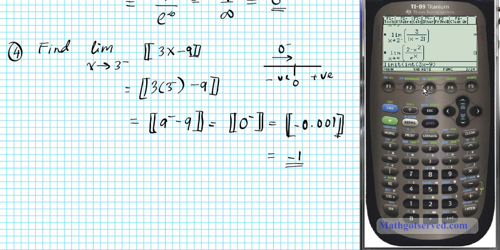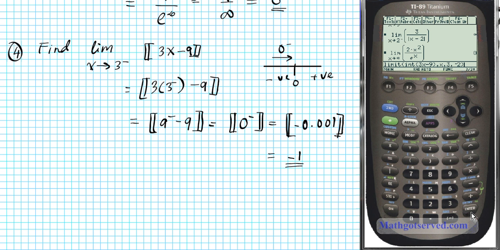Close your greatest integer function. That's the end of the expression. And we enter the variable, which is x. The value that the variable is approaching, 3. In this case, there's a direction, which is from the negative direction. So I'll enter -2. All that the calculator reads is the sign of the number. It doesn't care about what the number is.